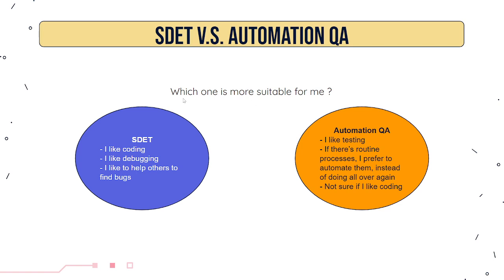So assume you are choosing a career and you're wondering which one is suitable for you. Let's forget about the salary first, and think about the position and the working style that would suit you. For SDET, if you like coding, you like debugging, and you like to help others find bugs, then I think you are more of an SDET person, because you really like coding and maybe want to code every day.